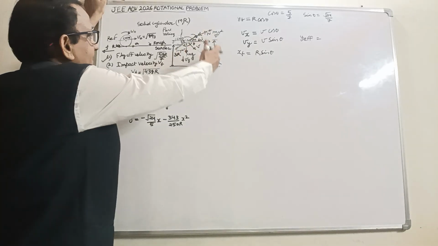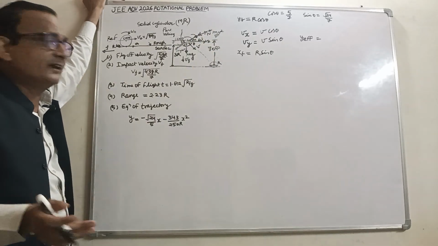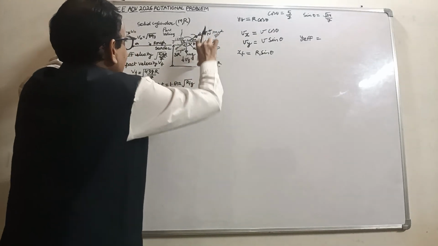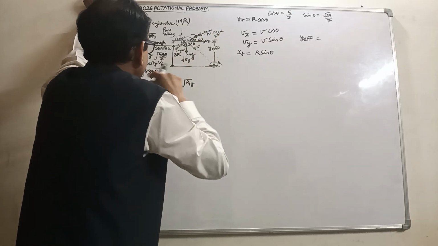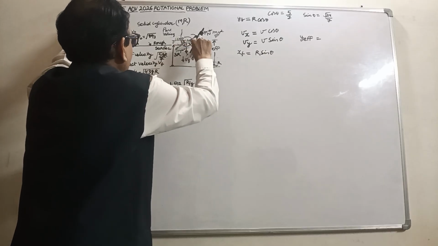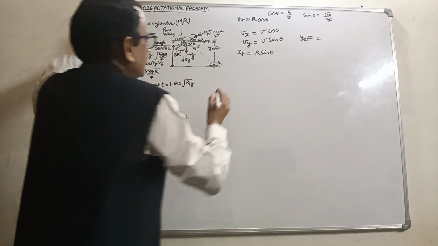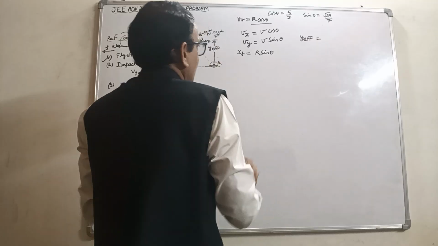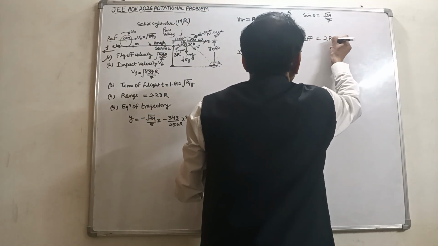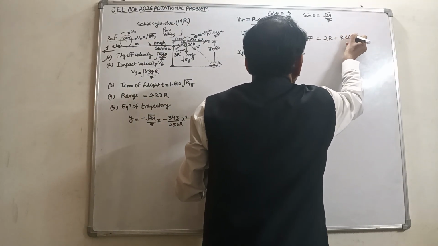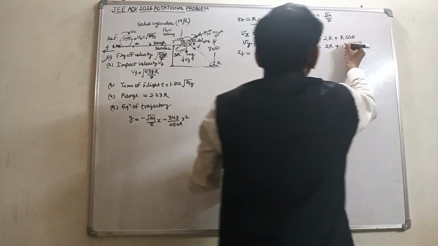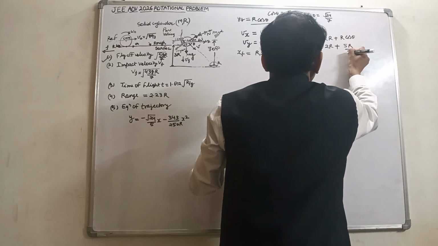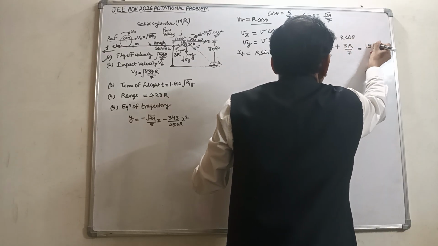What is the effective distance for the center of mass? This distance is 2r, and the additional distance is r cos theta. So this distance would be 2r plus r cos theta. With r cos theta being 5r by 7, this will be 19r by 7.